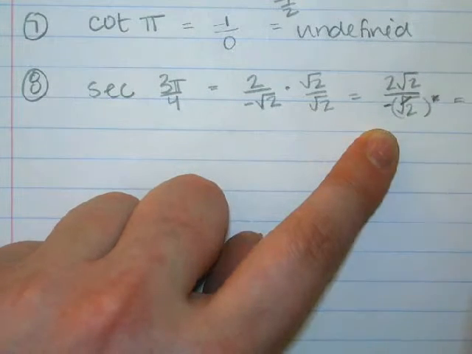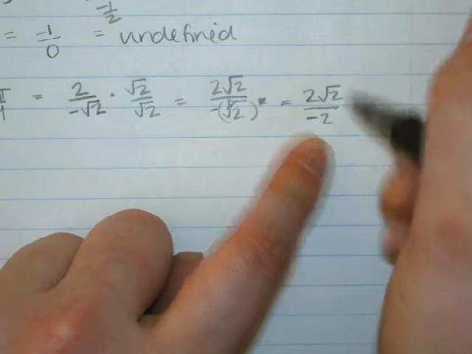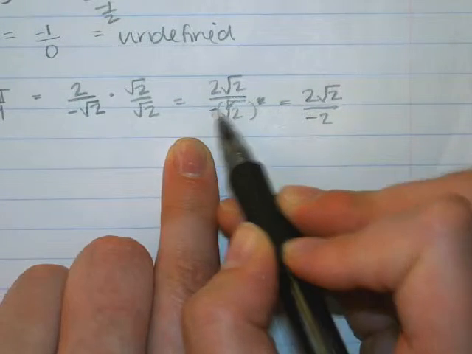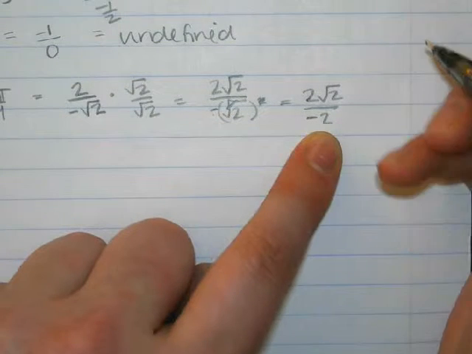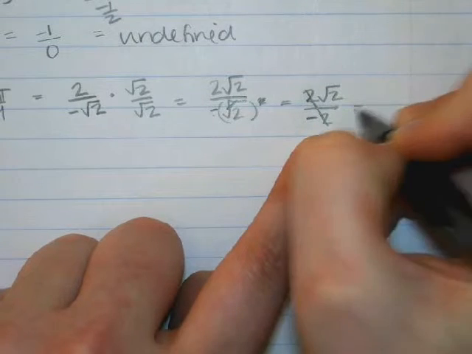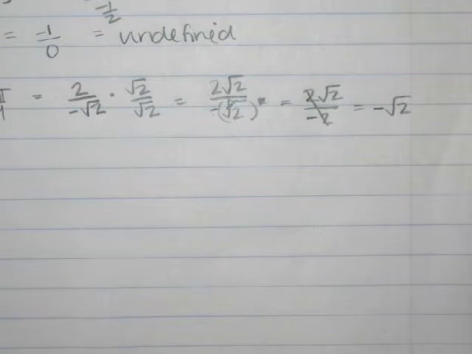So we have 2 square root 2 over negative 2, and that's because I had the negative in the front, and then the square root and the squared canceled, right? And what happens here? The 2's cancel. So this is just negative root 2. So secant of 3 pi fourths is just negative root 2.